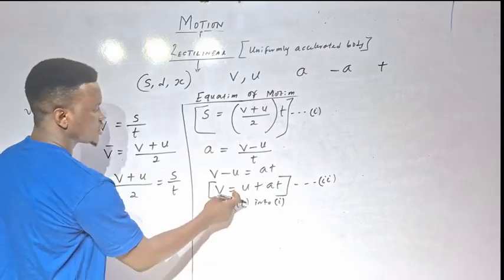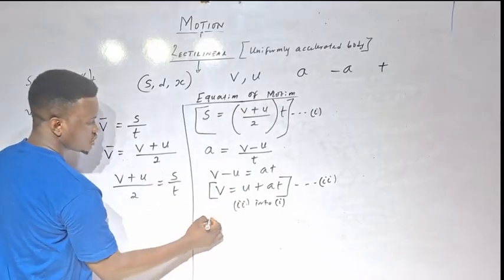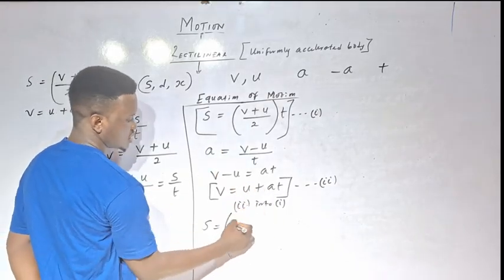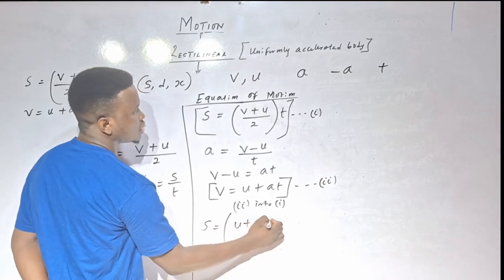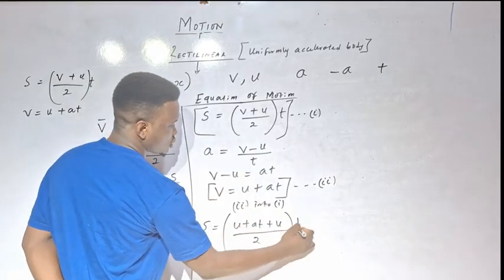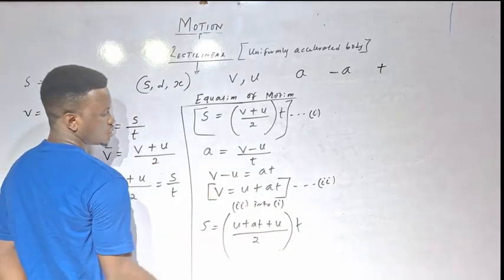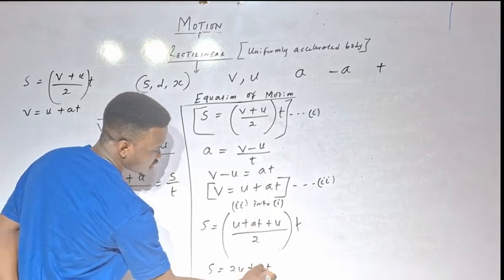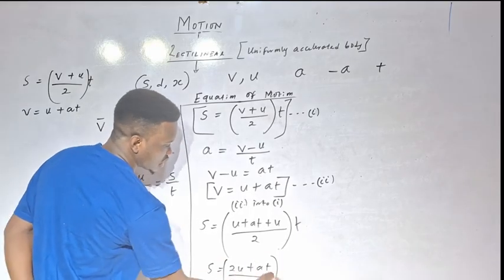Let's bring what we have here. So we're going to have S equal to, what's my V now? V is U + AT. So S = ((U + AT + U)/2) × T. U plus U, that's 2U. So S = ((2U + AT)/2) × T.